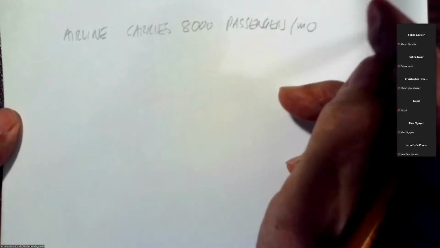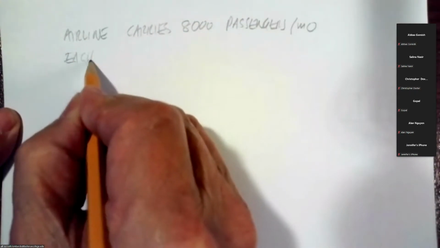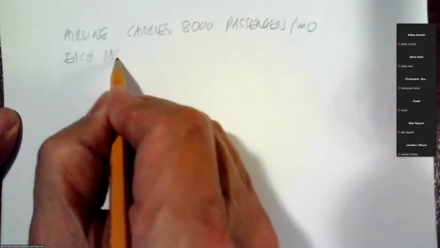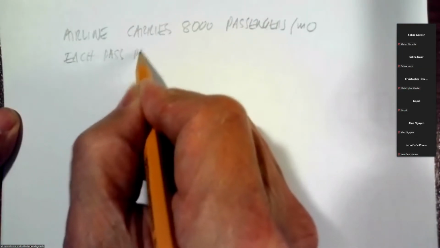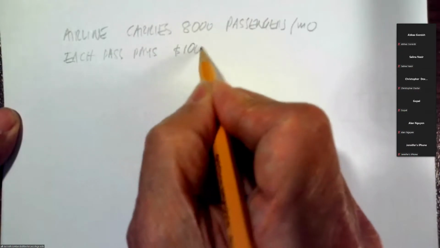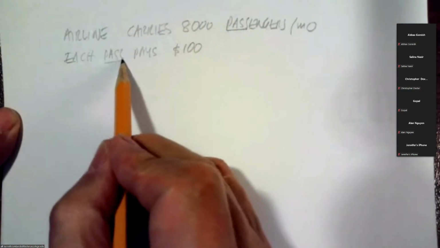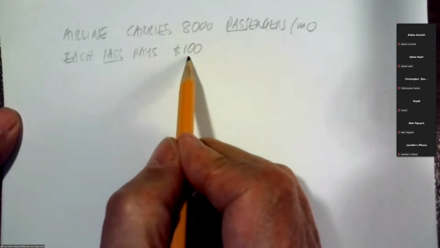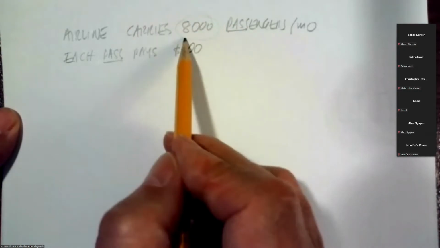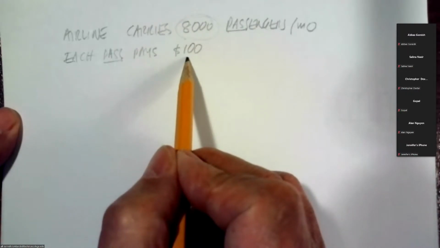We say, hey, that's great. And then each passenger pays, let's say $100. So that's pretty good. I got myself a going concern here. This is great. I just have to keep the passenger rate up, and I charge them $100, and I get a pretty good rate of return here.